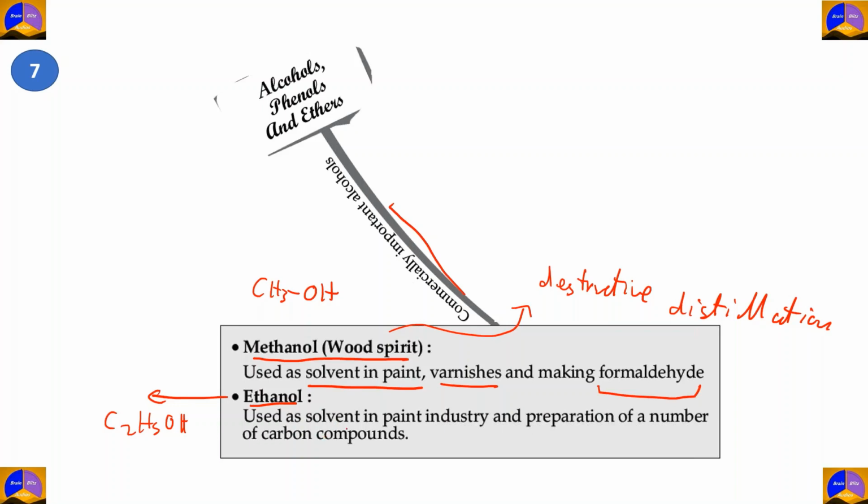The oldest method is from sugars, and the sugars are contained in molasses, sugarcane, grapes, etc. Let's look at the functions of it. Ethanol is used as a solvent in the paint industry, and it's also used in preparation of a number of carbon compounds, in addition to its role as the primary component in drinks, such as wine.